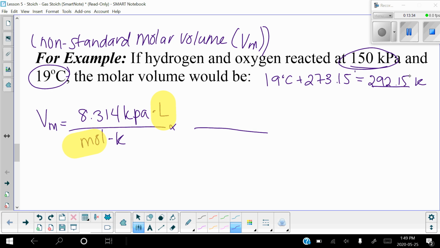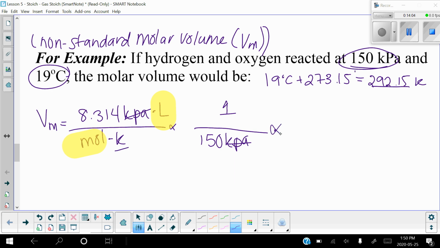This is just simple unit analysis. If I can get one message across to you in Chem 20, it's that unit analysis is so universal. We pretty much have used it in every single unit, and it'll be helpful in Chem 30 as well. 150 kilopascals, I'm going to cancel that out by dividing by 150 kilopascals. Kilopascals cancels out with kilopascals. Perfect, we're halfway there. We need to eliminate one more. Here, we have Kelvin in the denominator.